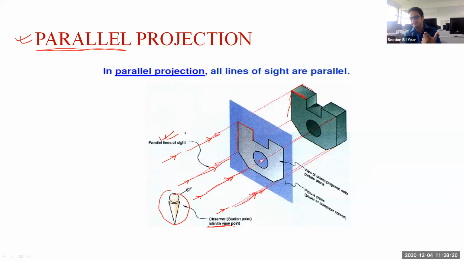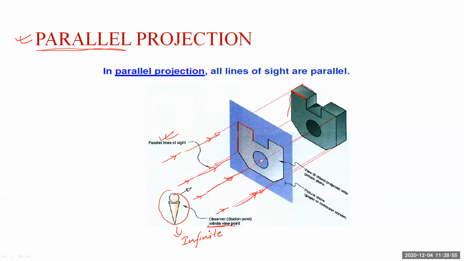Okay. So from the previous projection, I have given you 3 points. Now from this figure, what are those 3 points? Type in the chat box. Those points were based on the distance of the observer. Here the observer is at infinite distance. The second point was about these line segments: they are not parallel in the previous case.